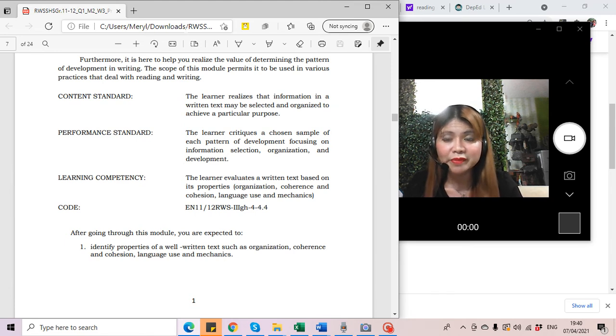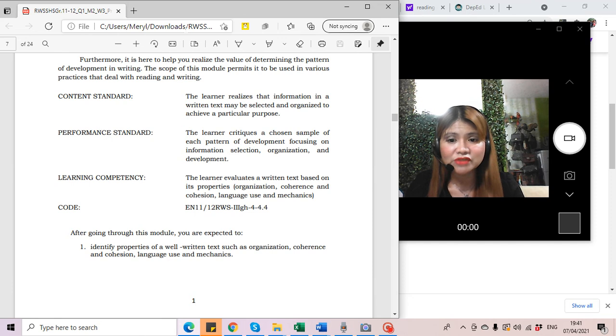For the performance standard, the learner critiques a chosen sample of each pattern of development, focusing on information selection, organization, and development. For the learning competency, the learner evaluates a written text based on its properties: organization, coherence and cohesion, language use, and mechanics.